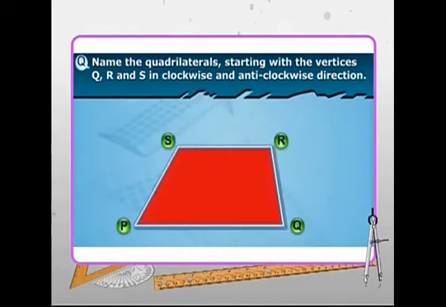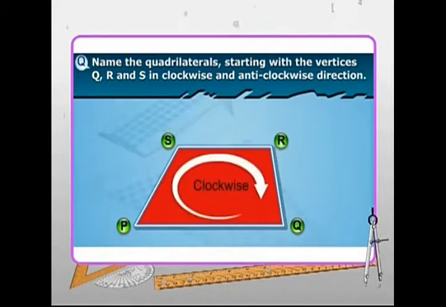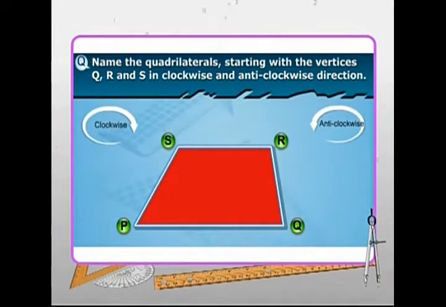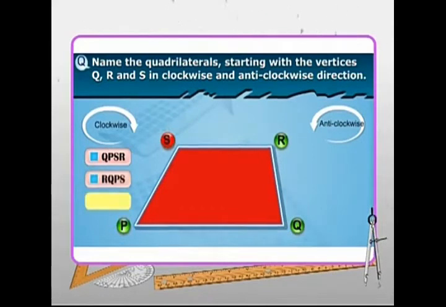Check out this figure. It's a quadrilateral. Let's try to name this quadrilateral starting with the vertices Q, R and S in the clockwise and anti-clockwise direction. In the clockwise direction, the given quadrilateral can be named as QPSR, RQPS and SRQP.